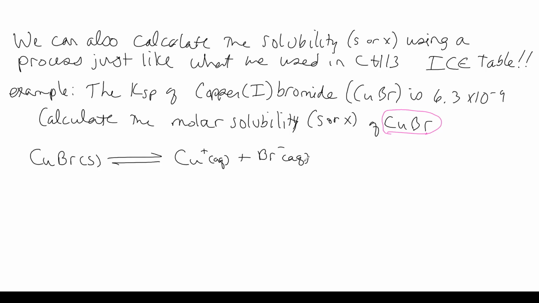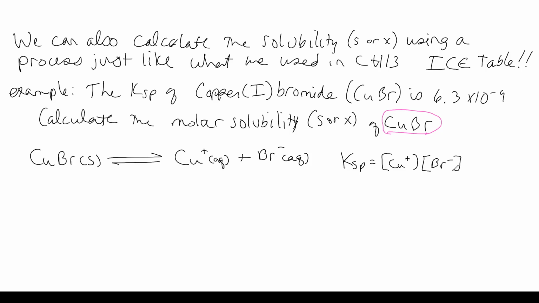Both of them have a coefficient of 1, so we can go ahead and write out the KSP, or the solubility product constant expression, and that's going to be this right here. Okay, so now what we're going to do is basically just do an ICE table, okay?